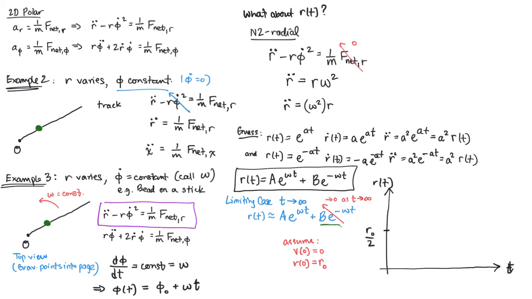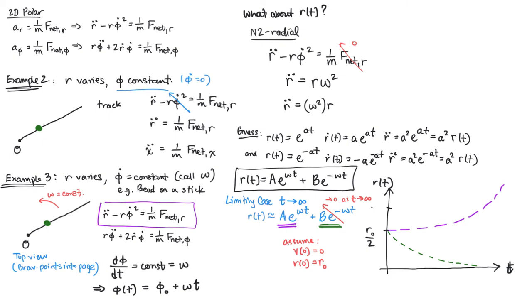We have this exponential decay, which would look like this, on the one hand. Then on the other hand, we have a function that's growing with time exponentially. So that'll look something like this. And the total function will be the sum of those two.